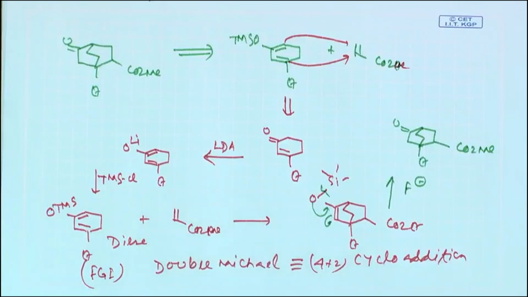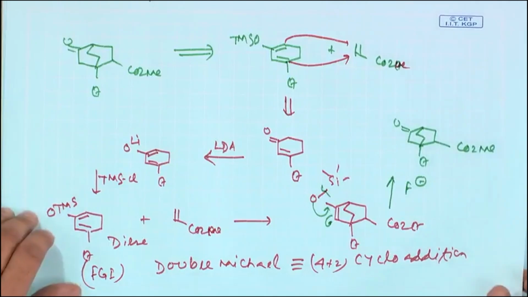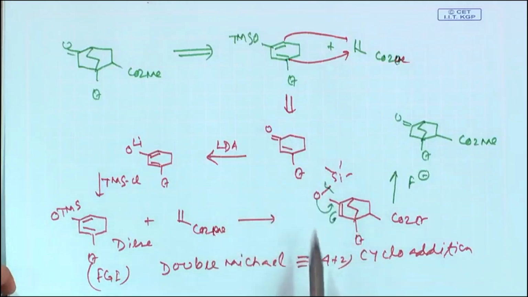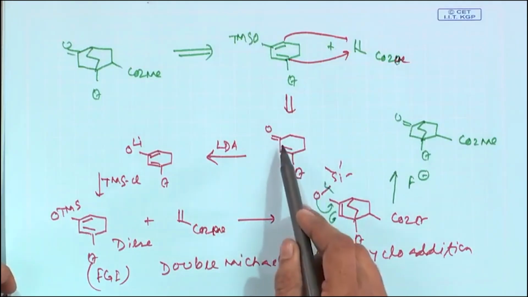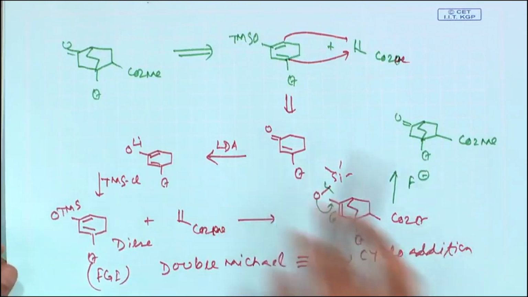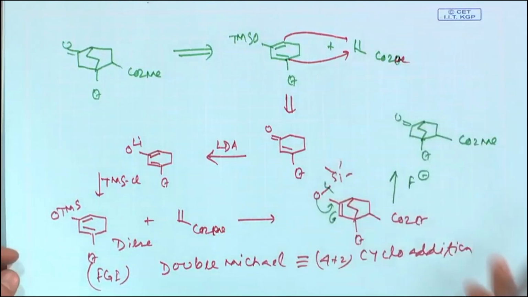We have shown this by an example which gives you a very nice demonstration of how a bridged compound can be constructed from the same starting material. The starting material in both cases is similar. We use this 1, 2, 3 ethyl cyclohexenone for both cases and methyl acrylate as a dienophile.